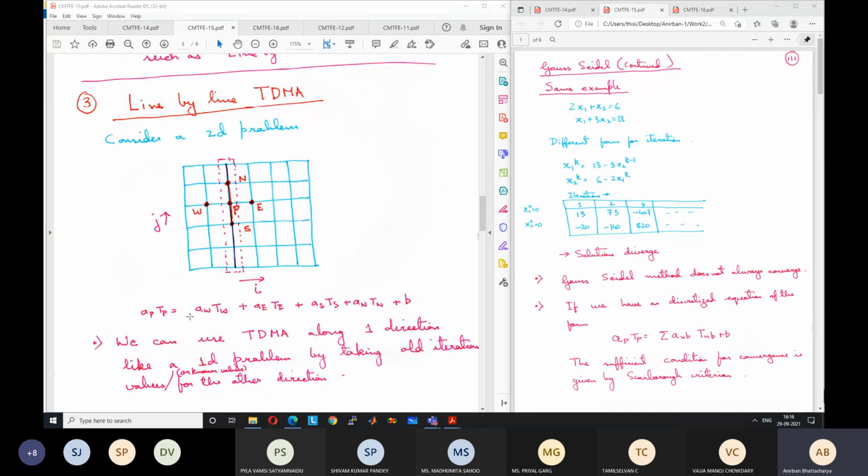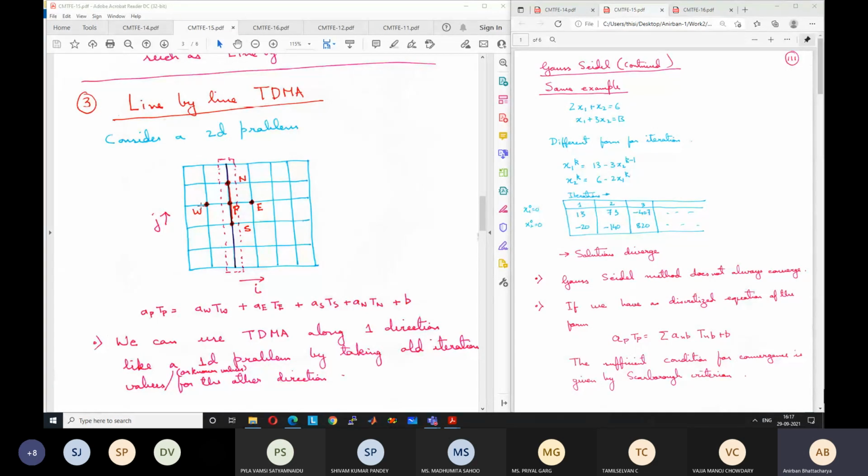Now we can consider a single line either in the x direction or y direction. Here I have shown the y direction, but we could easily have taken the x direction. If we take the line along the y direction, we assume that S, P and N are unknown values, but E and W are known.